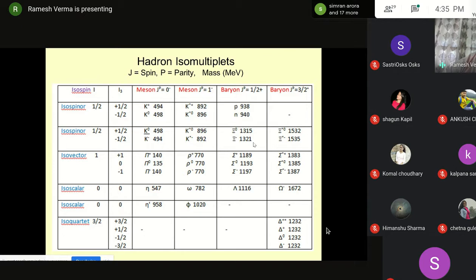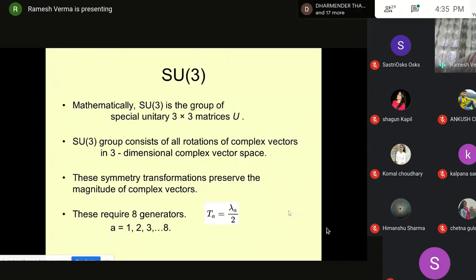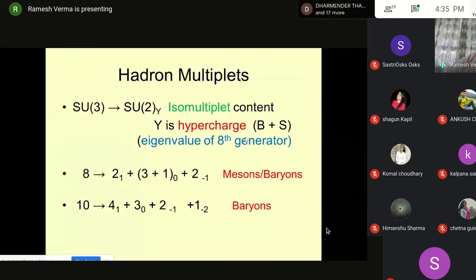We have two isodoublets, one isovector and one isoscalar. But here we find for spin 3/2 particles, we have a quartet, an isovector, an isodoublet and an isosinglet. So in this way, we find that we are going in the right direction because the SU2 isomultiplet content of SU3 representations matches very well with what we are doing.